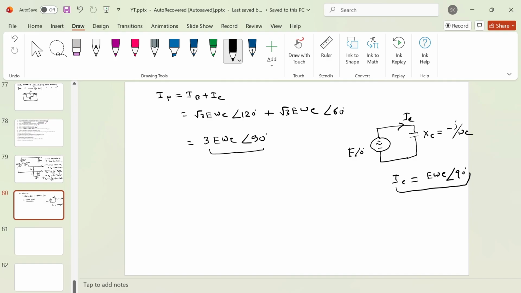So this will be the capacitor current. So E omega C is the current because of per phase. But here you are getting the fault current, which is 3 times this per phase current.